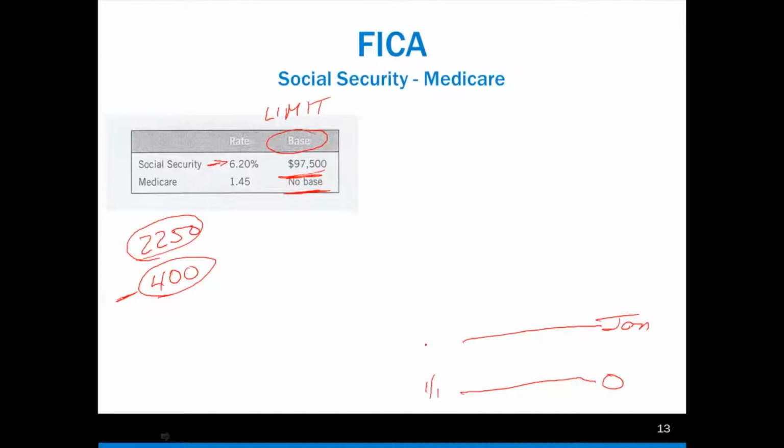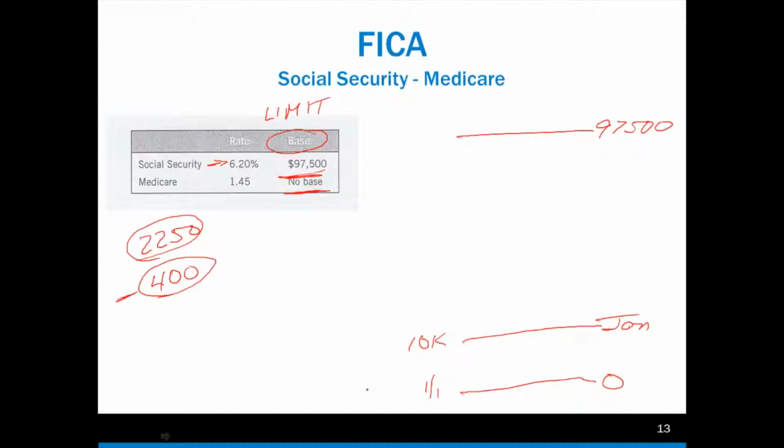Now, up here is this limit of 97.5. And let's just say, for argument's sake, we'll make it real easy, that we get paid $10,000. I wish, but let's just say. So at the end of January, you're paid $10,000.